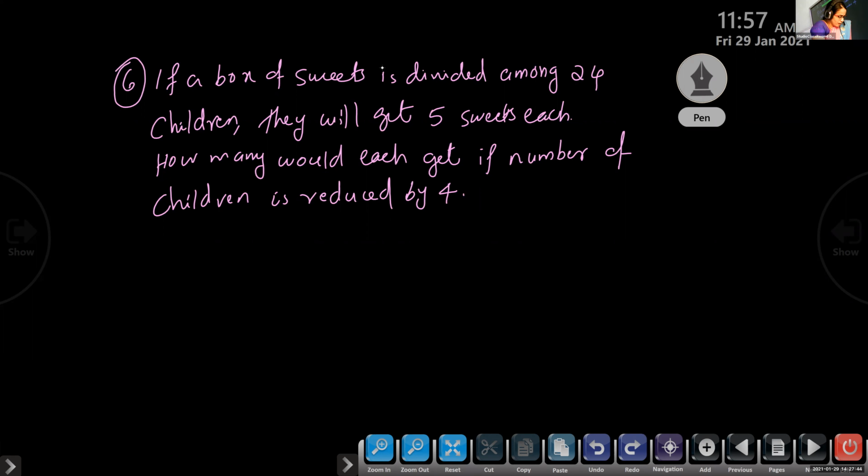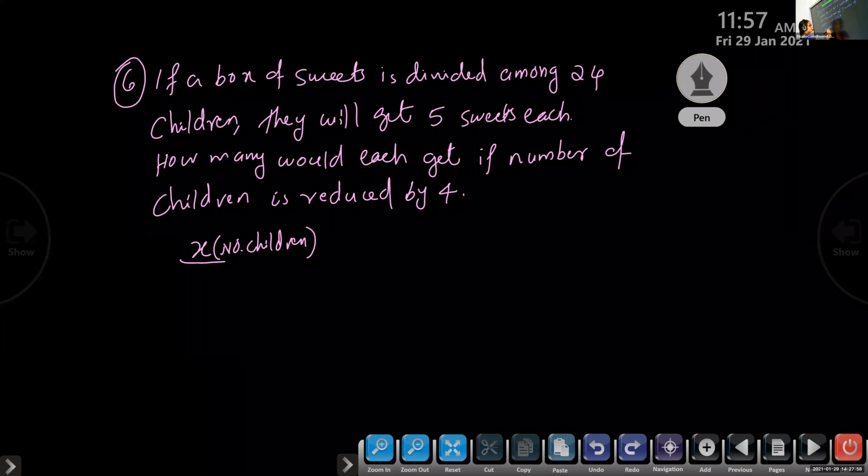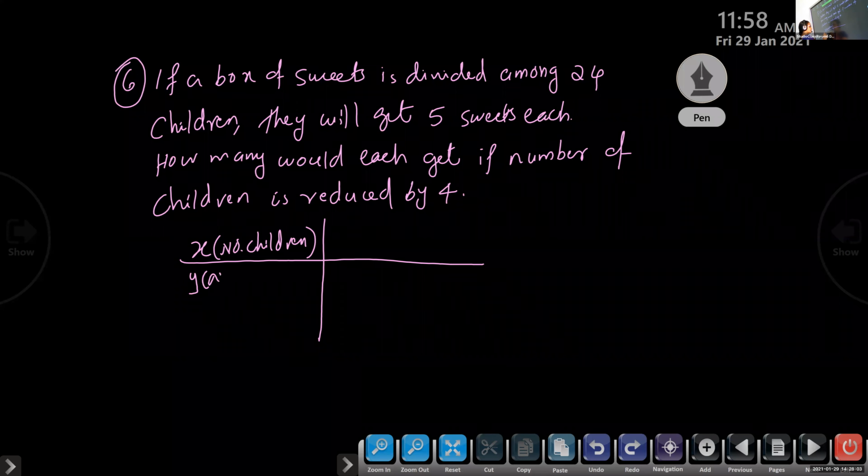So here we take x as the number of children and y as the number of sweets. x and y are inversely proportional, or this is an inverse variation.